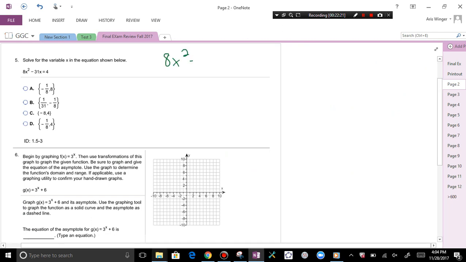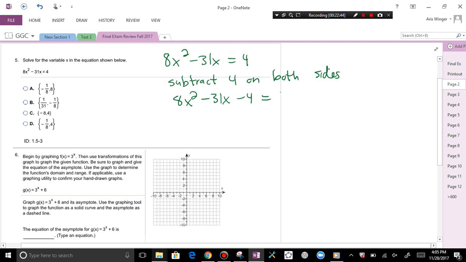8x squared minus 31x equals 4. Solve for x. Okay. 8x squared minus 31x minus 4 is equal to 0.